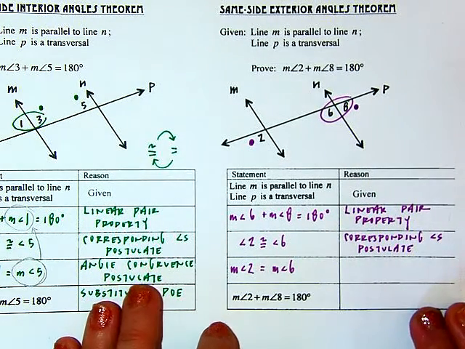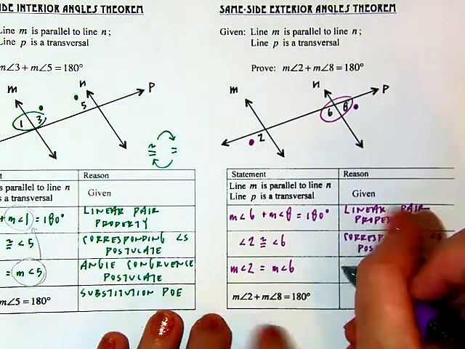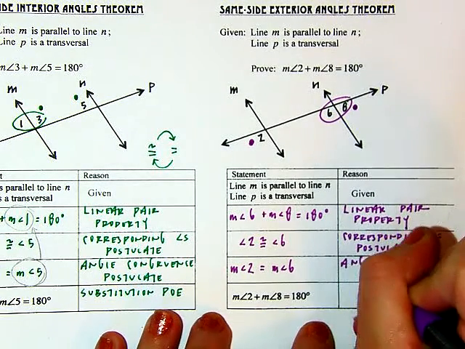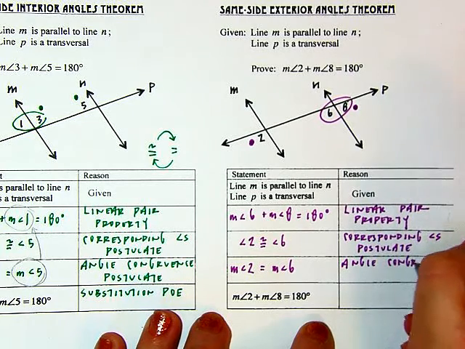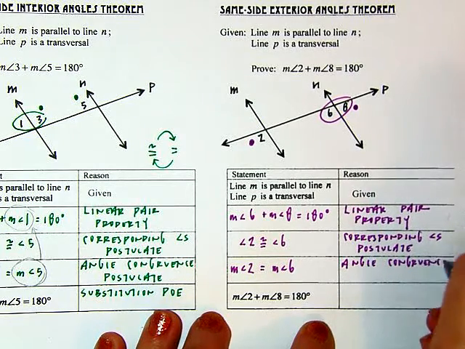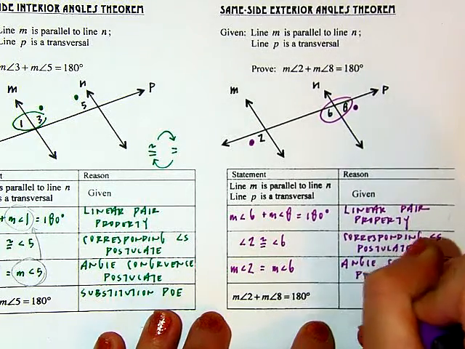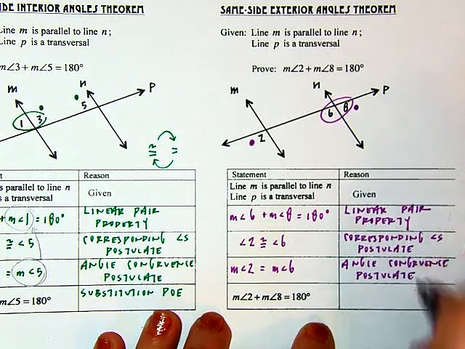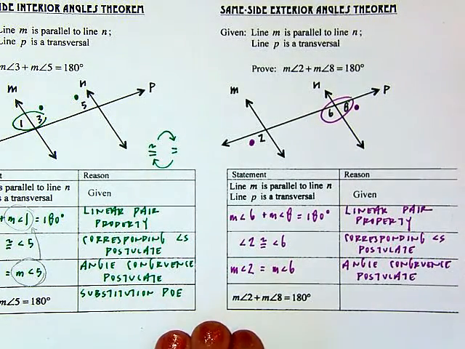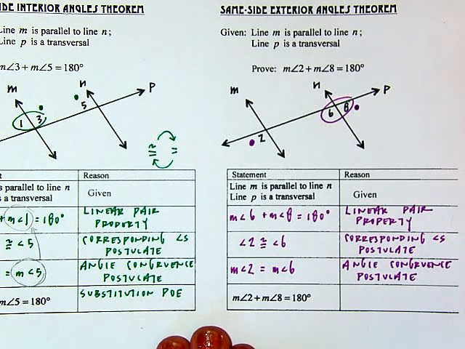If my angles are congruent, their measures are equal and vice versa. So I'm going to argue the angle congruence postulate. That postulate helps me convert to the right format.